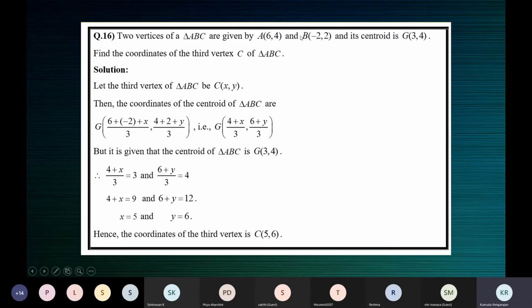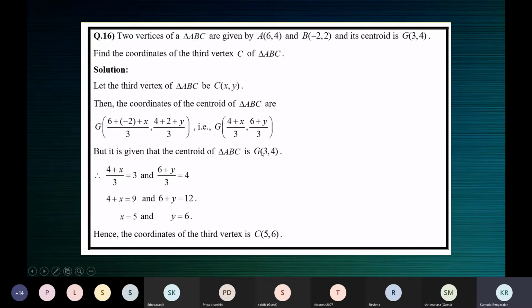So 6 plus -2 plus x by 3 will be the x coordinate. The y coordinate will be 4 plus 2 plus y by 3. So this is what we get as the address of the centroid using the formula. But it's given that the centroid is given by the address 3, 4.